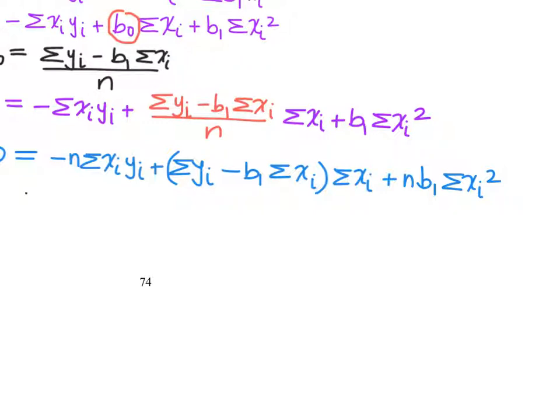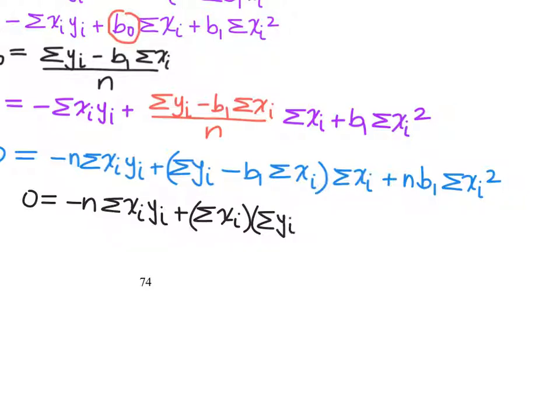All right, so next step, negative sum of x sub I, y sub I, plus, we're multiplying the sum of x sub I and the sum of y sub I. So that's going to give us a sum of x sub I multiplied by the sum of y sub I, which you can combine if you want, but I'm going to leave them separate.